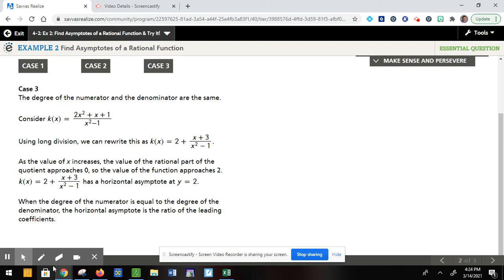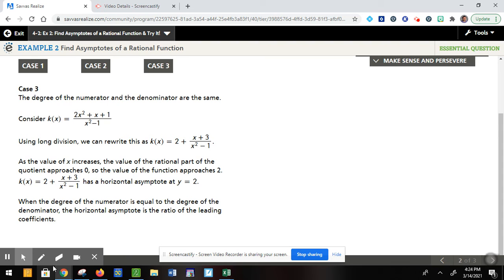You really just have to look at the leading coefficients, because when you do that long division process, this number is just going to be the leading coefficients divided by each other anyway. So again, just looking at the leading coefficients, 2 divided by 1 is 2. So the horizontal asymptote would be at y equals 2. And that's how you can figure that out.